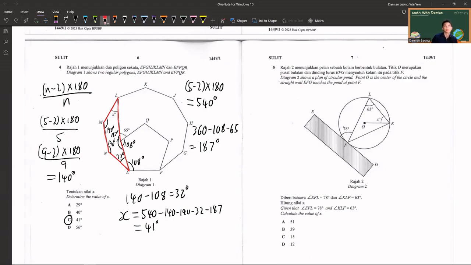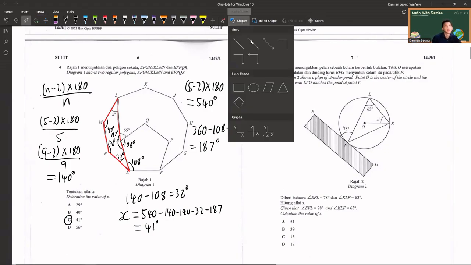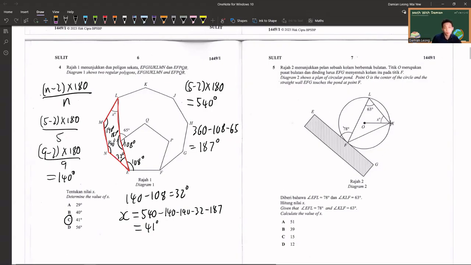Kami perlu menambahkan satu garisan dalam bulatan ini. So kami menambahkan jejari dari O kepada F. Okay. So OF dengan OK dua-duanya jejari. Okay, both are radius. So the length is the same.